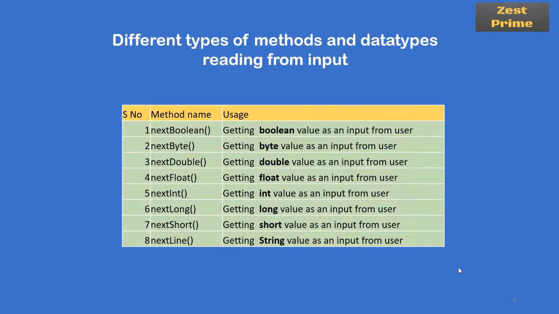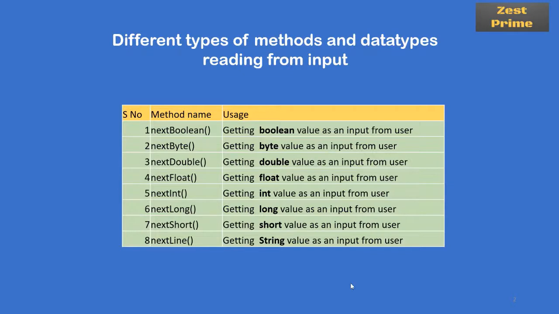What are the different types of inputs we can read, and what are the different methods available to get those particular data types? There are many more types available, not only 8, but for our demonstration purpose I took the 8 most useful methods, as shown here: boolean, byte, double, float, int, long, short, and line.